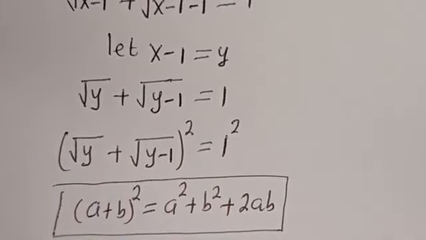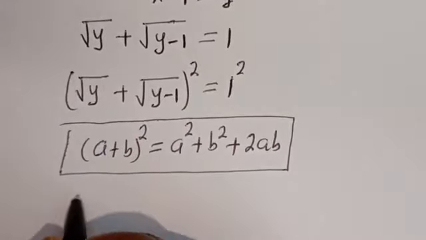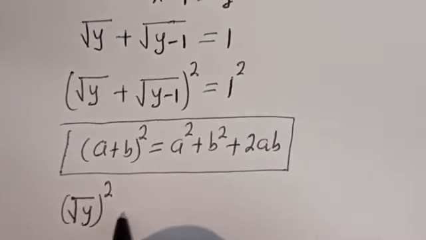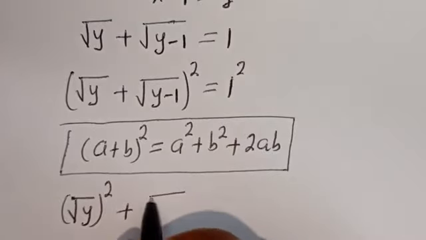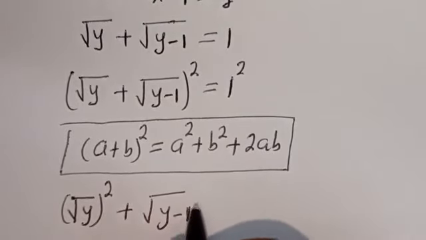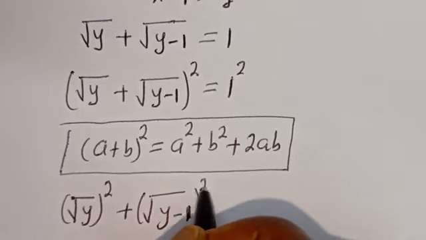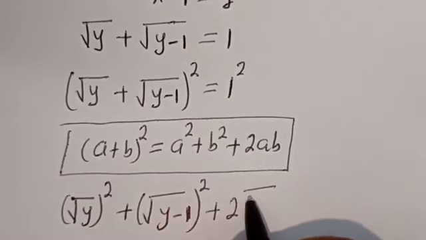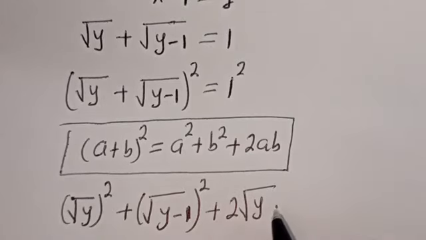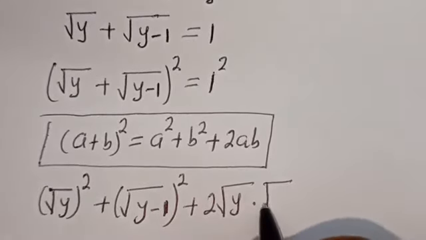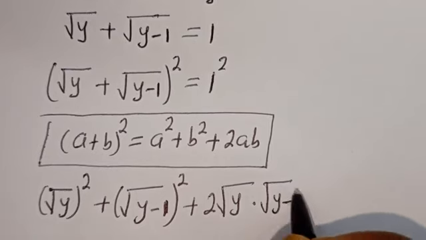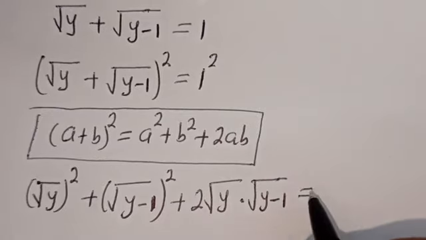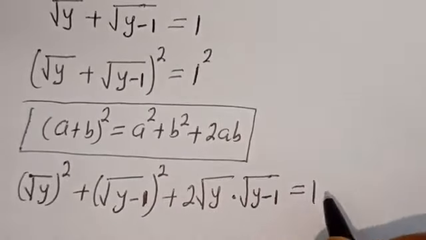Then this can be written as square root of y squared plus square root of y minus 1 squared plus 2 square root of y multiplied by square root of y minus 1 is equal to 1 squared, that is 1.